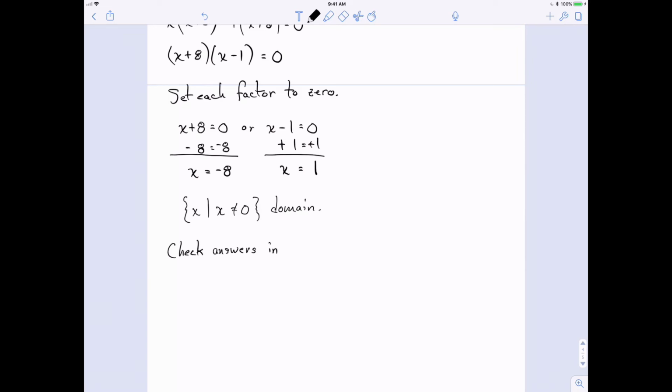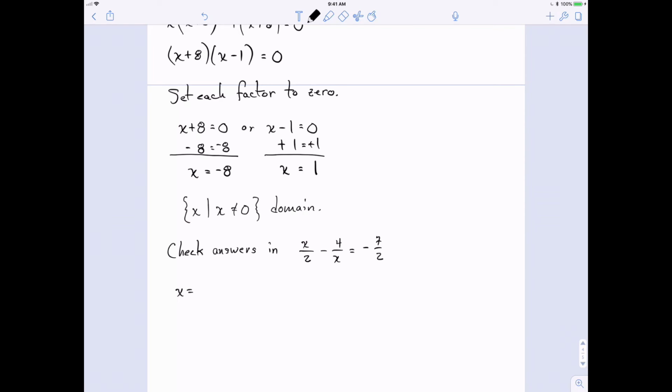And the original equation, if you recall, is x over 2 minus 4 over x equals negative 7 halves. Well, let's check and see if this really works. We'll start with negative 8.